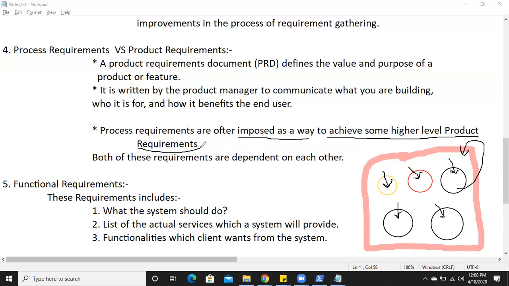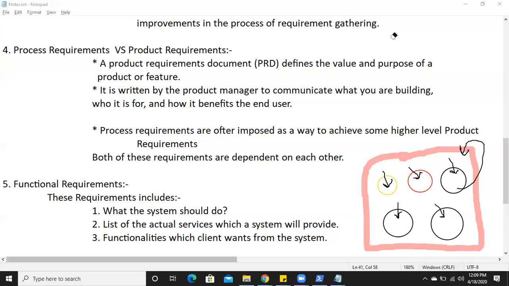Without the process requirements, we cannot make a product, because these processes are the sub part of my product. So this is all about the process requirement and the product requirement.